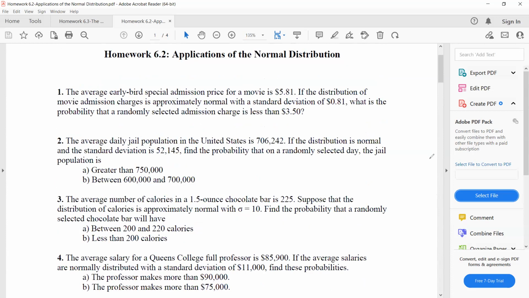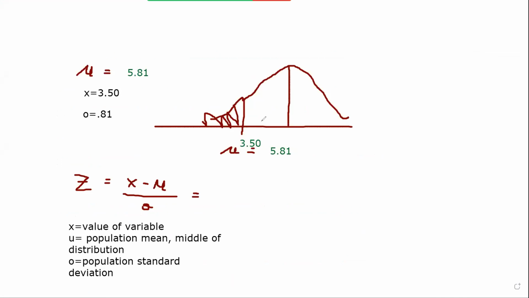Okay. So we're looking at this answer. When we put it in, it's 0.0022.